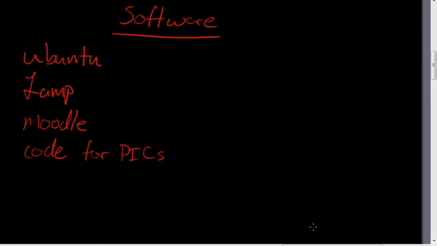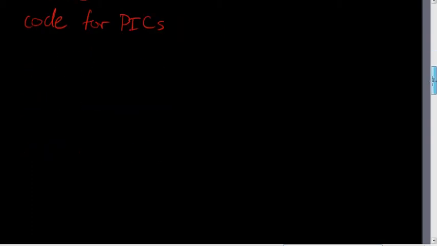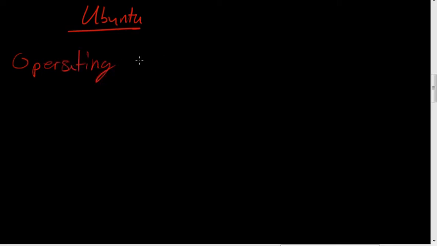So how does each of these tie in? Well, let us go down and we will start. So Ubuntu. This is our operating system, or OS. And so what does it allow us to do?